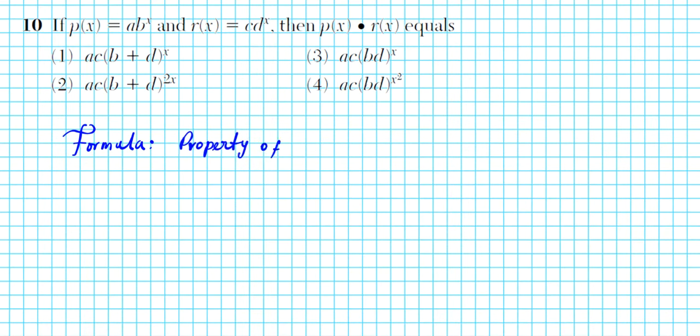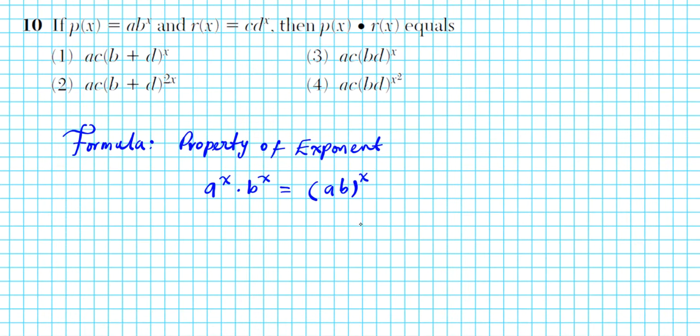Alright, so let's go over what that is, and we're going to apply it in finding the product of these two exponents. That basically says that if you're multiplying two exponents with different bases and identical powers, you can rewrite it as ab raised to the x power.